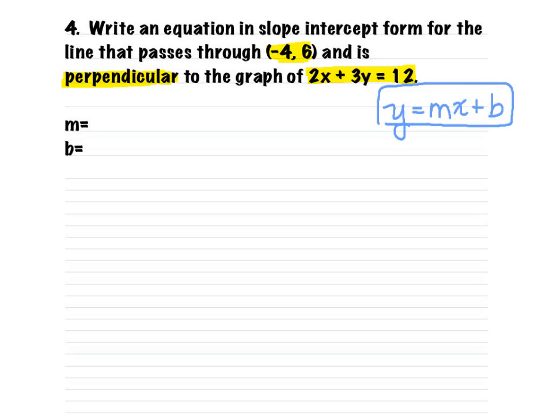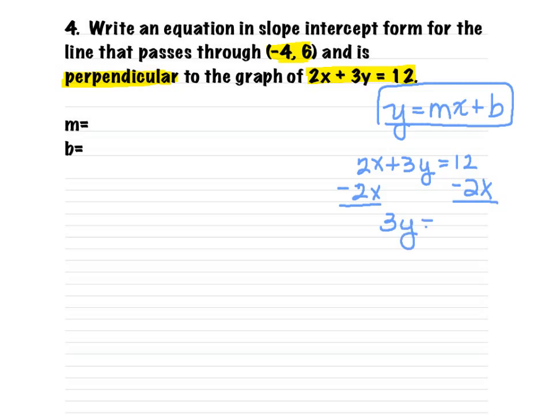So let's start by taking 2x plus 3y equals 12, and let's determine what m is for this equation. The easiest way to do that is to write it in slope-intercept form. So let's rearrange this equation into slope-intercept form. Let's subtract 2x from both sides.